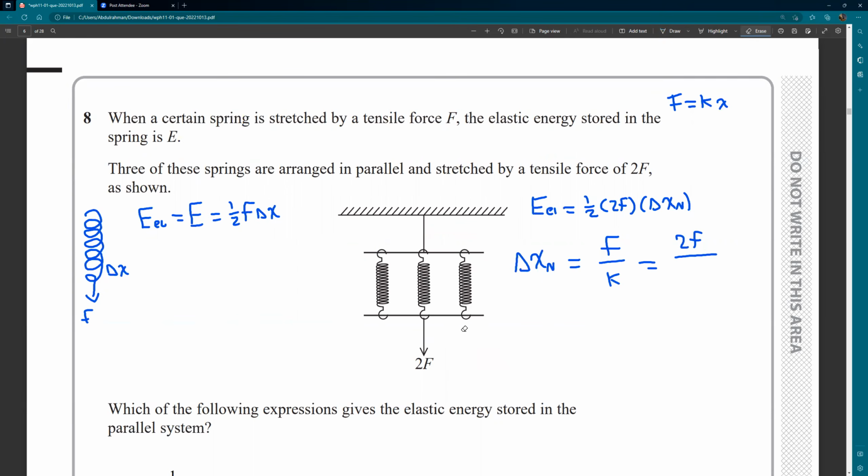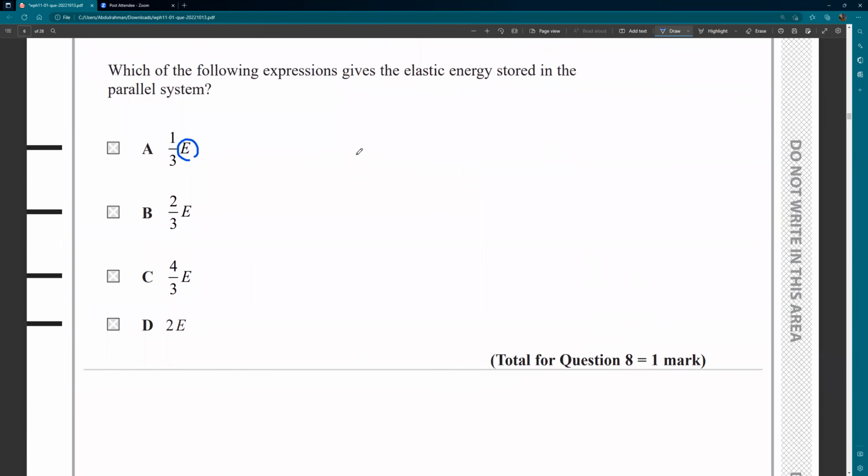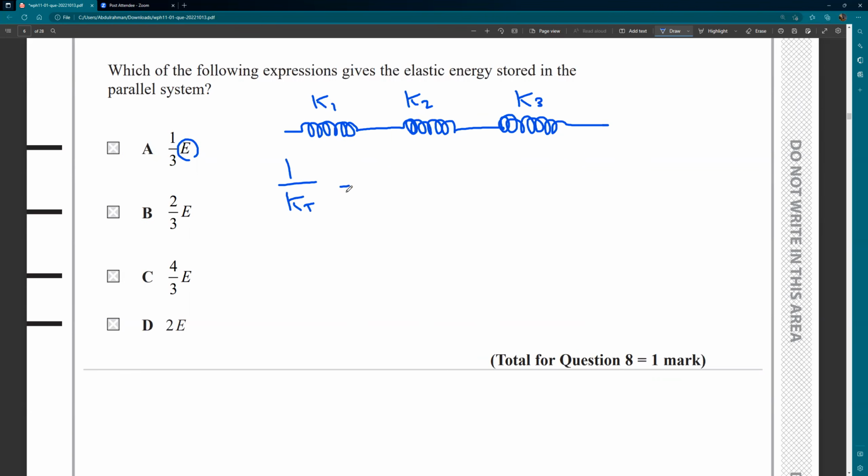Well, you need to know the following rules. If you have springs in series, so I have 1 spring, 2 springs, 3 springs, and every spring has some spring constant, this is K1, this is K2, this is K3, then the total spring constant is given by 1 over the total spring constant equals 1 over K1 plus 1 over K2.